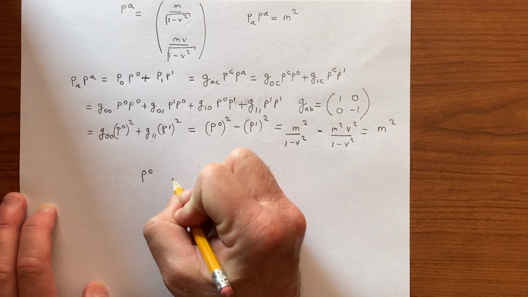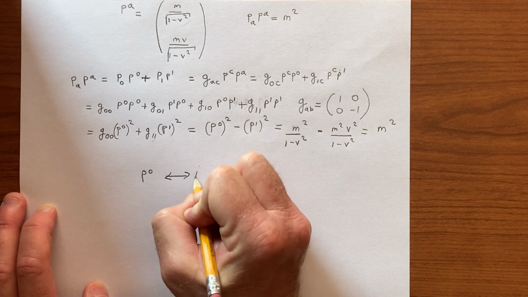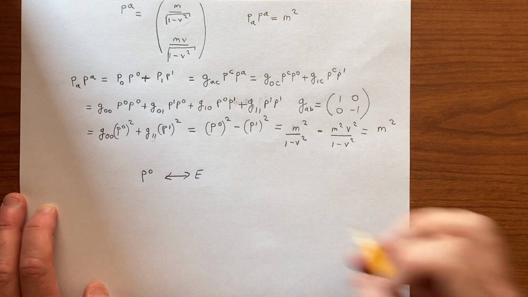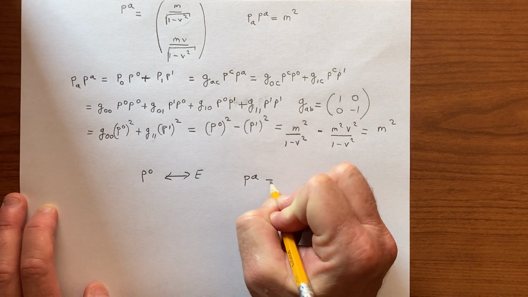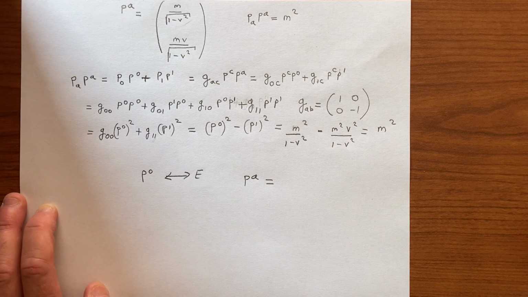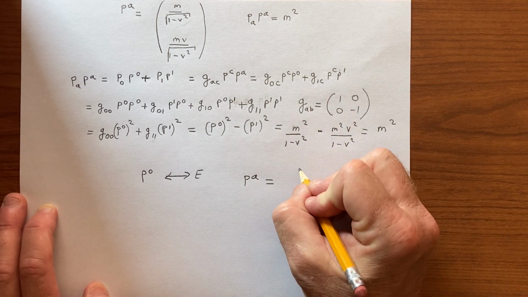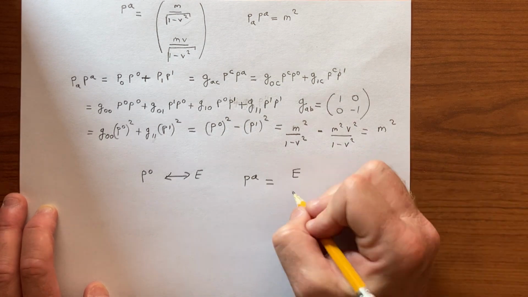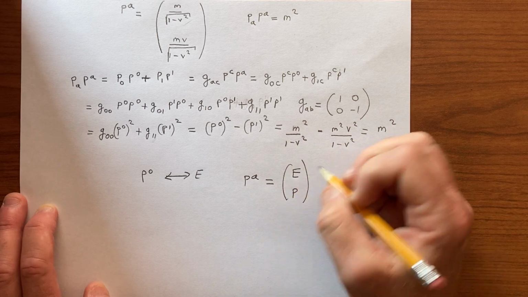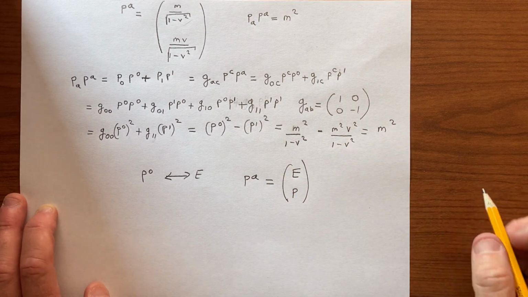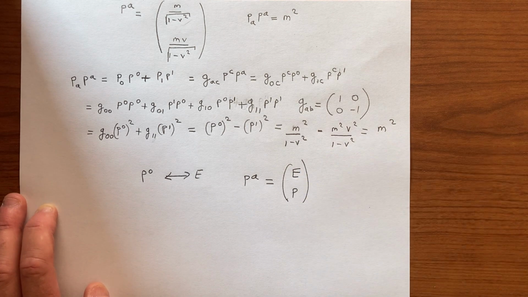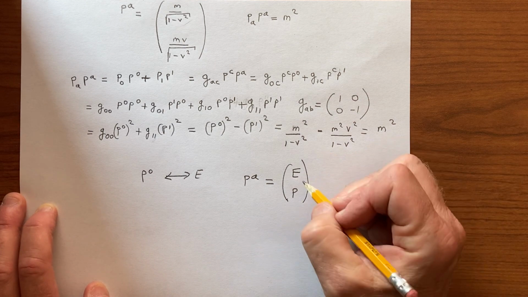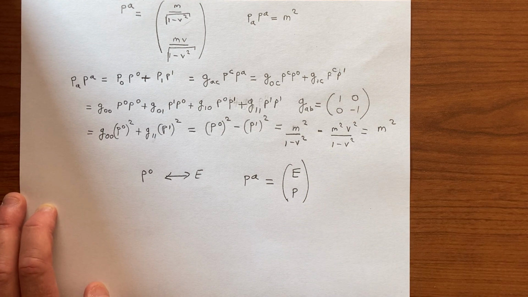So P_0 is an energy. And so we are basically saying that this P^A 2-vector is really an object that has energy and momentum in it. If we had the speed of light not equal to 1, this would be E divided by c, because dimensionally energy and momentum are obviously not the same, so there's a factor of speed between them.